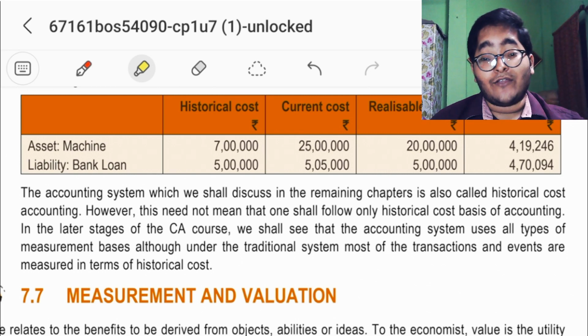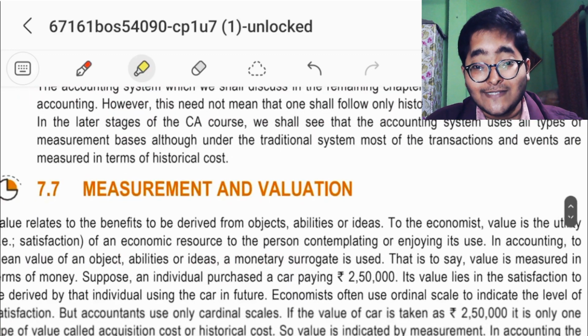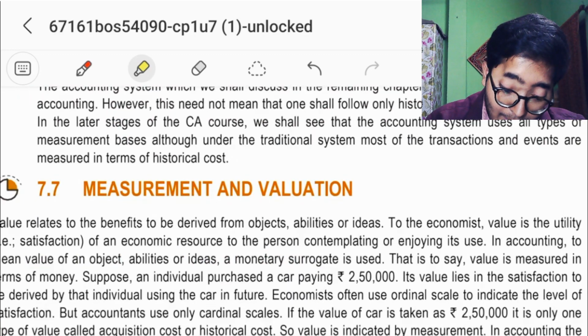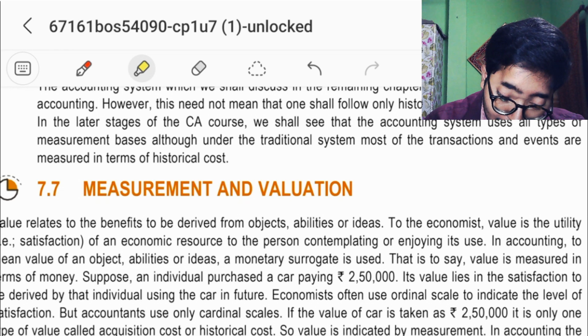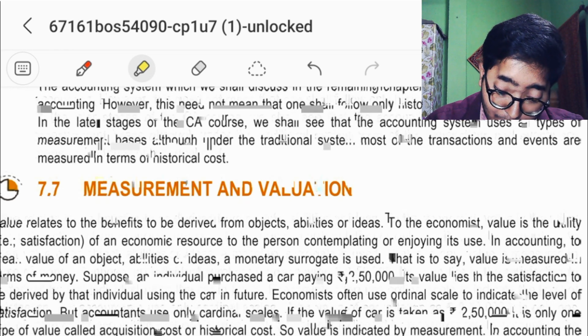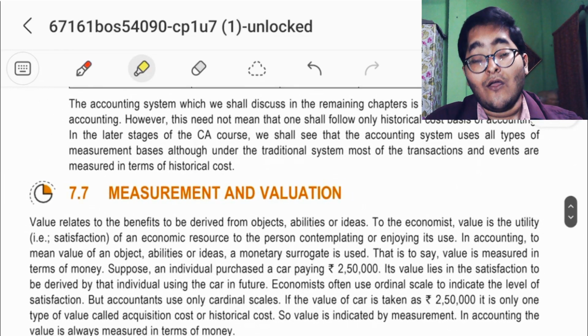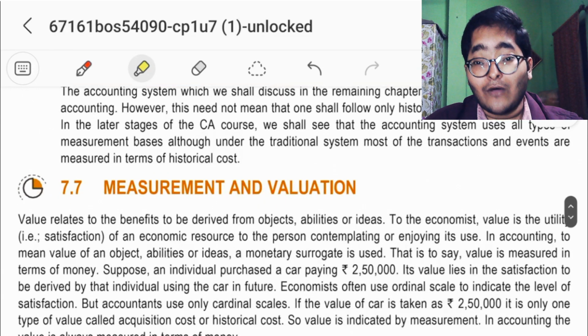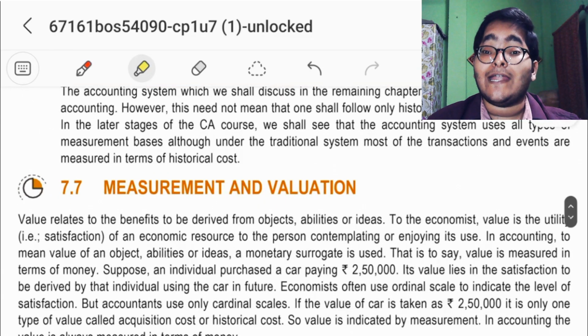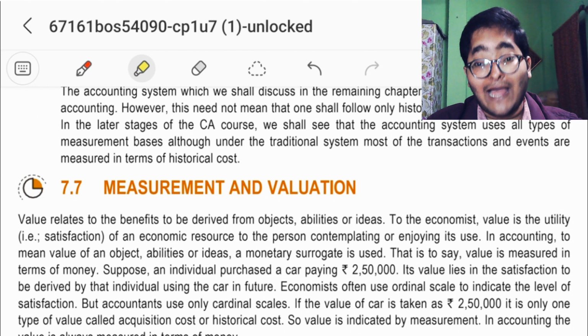So I hope you are able to understand what is present value. Present value is the discounted value of the net cash inflow or net cash outflow for an asset or liability.